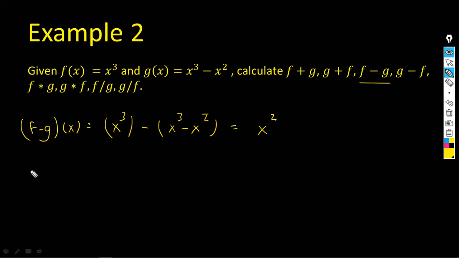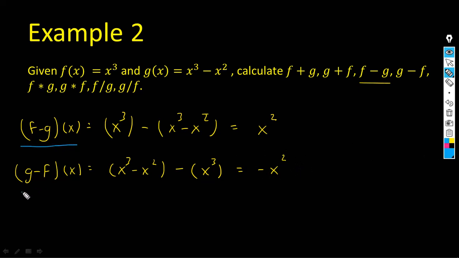Okay, now g minus f, let's calculate it. First g, which is this, x to the cube minus x to the square, minus f, which is x to the cube. Okay, do this mentally, the simplification of all of this, and you're gonna get minus x to the square, right? So as we can see now, f minus g of x and g minus f of x are in fact different.